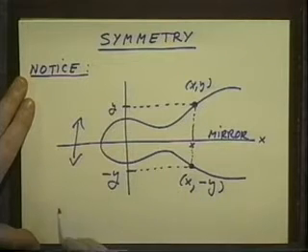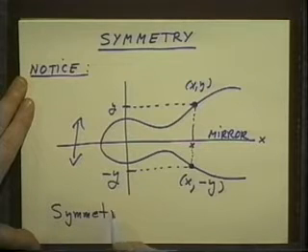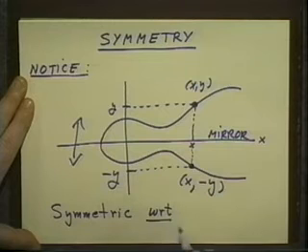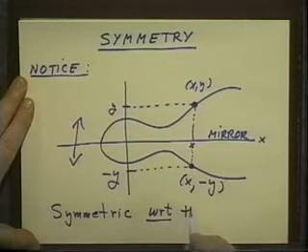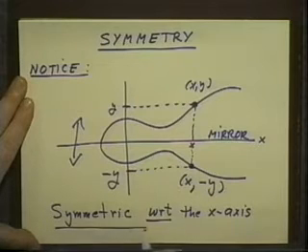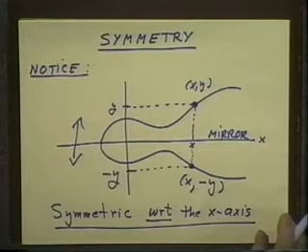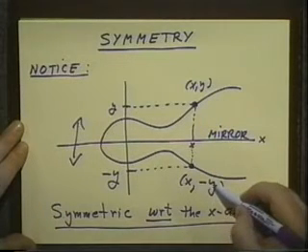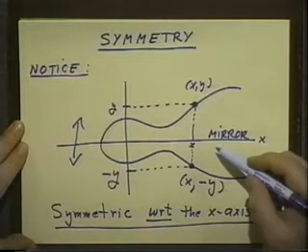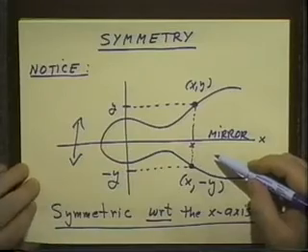So when we describe this, we say in English that this is a curve that is symmetric with respect to, there's my little abbreviation, the x-axis. And you just need to think of the x-axis as a mirror. Now let me show you how the fact that x, y and x, minus y must lie on the curve for this kind of symmetry to be present will allow you to look at the equation and then see that there's symmetry without ever drawing the picture.